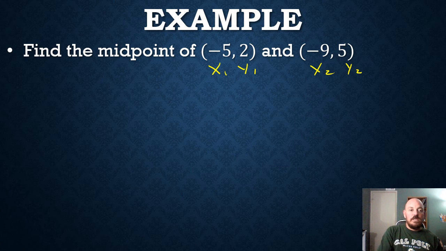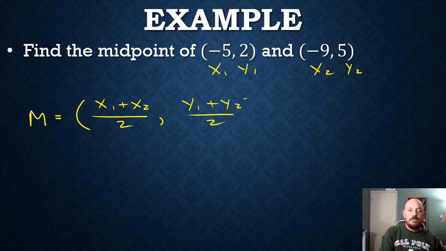And for the midpoint, we'll call it M. We're going to do first the x's, add them up, x1 plus x2, and divide by 2. And we'll do the same thing for the y's, y1 plus y2, divided by 2. So for this question, if I add up the x's, it would be -5 plus -9 divided by 2.